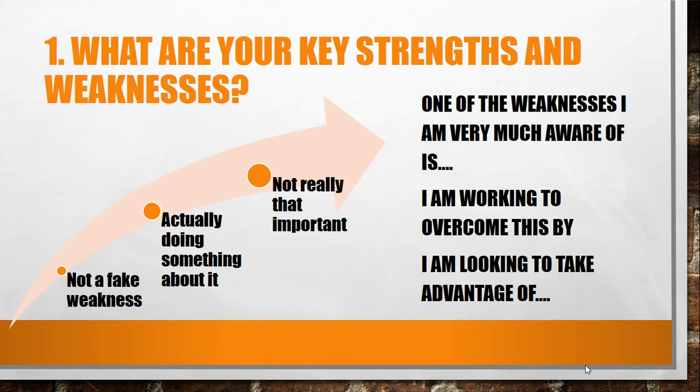And then lastly, say, I'm looking to take advantage of, and then start detailing the training, the mentoring, or any sort of support that the company offers. If you're looking to improve your communication skills or your written skills, is there any training courses? Is there any learning programs that the company offers? Research those. And if you can link your weakness to something the company offers, that's a really great way to answer this question, because it's also answering part of your motivation.